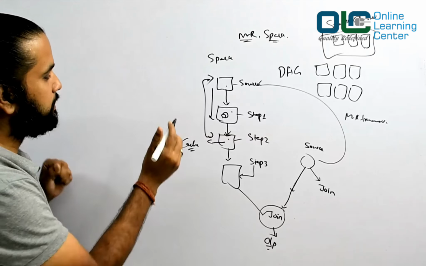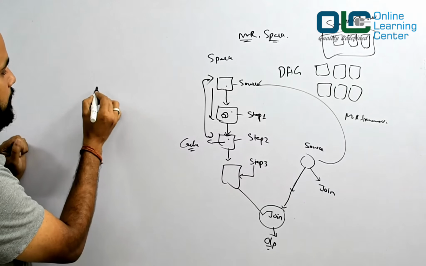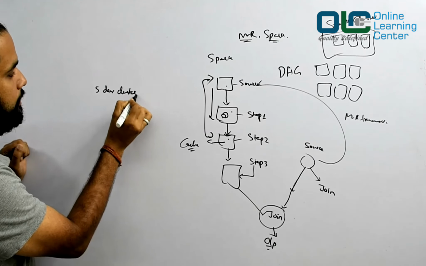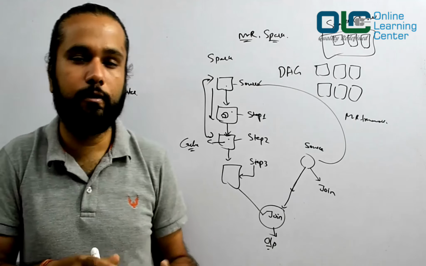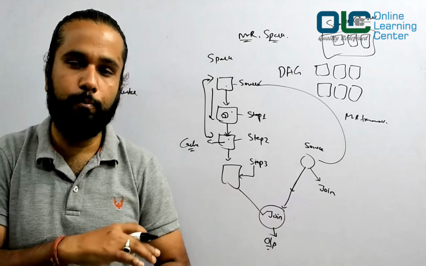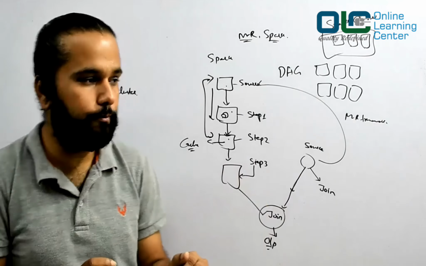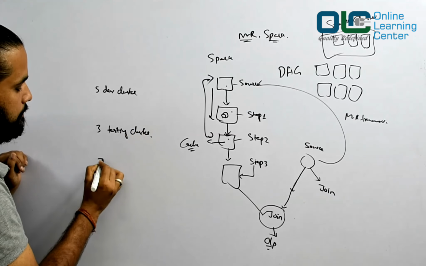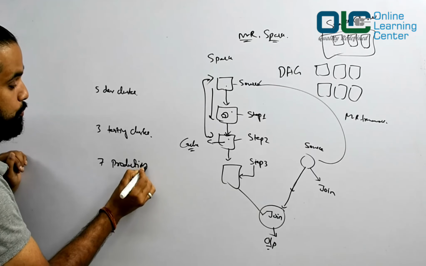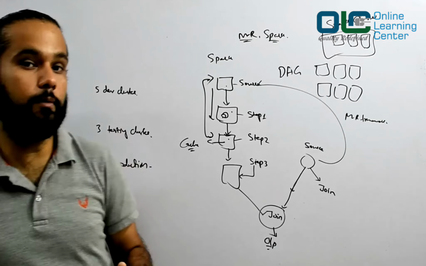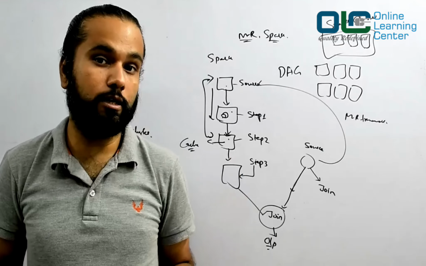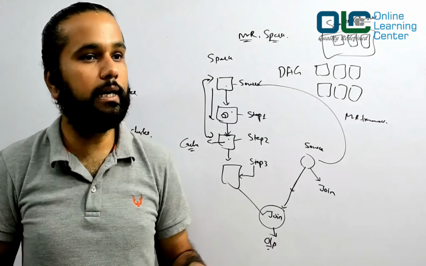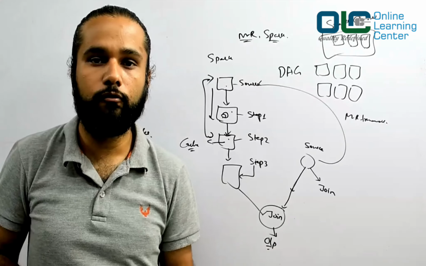It is possible that an organization may say, I'll have 5 dev clusters where all the programmers are allowed to bring the data and process whatever they want. I would have 3 testing clusters and 7 production clusters. It is purely possible. In a company you will not see only one cluster, you will have multiple, because what if one development cluster is down for some reason?